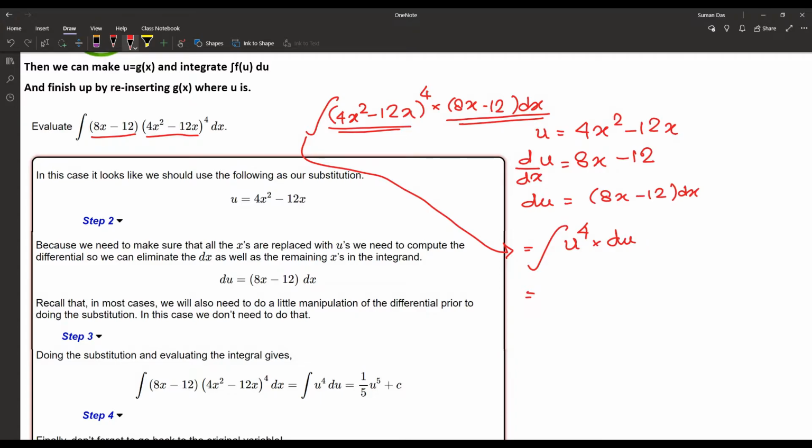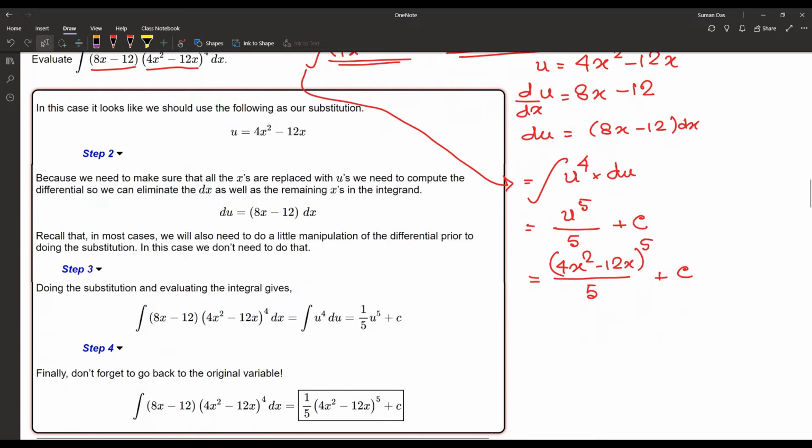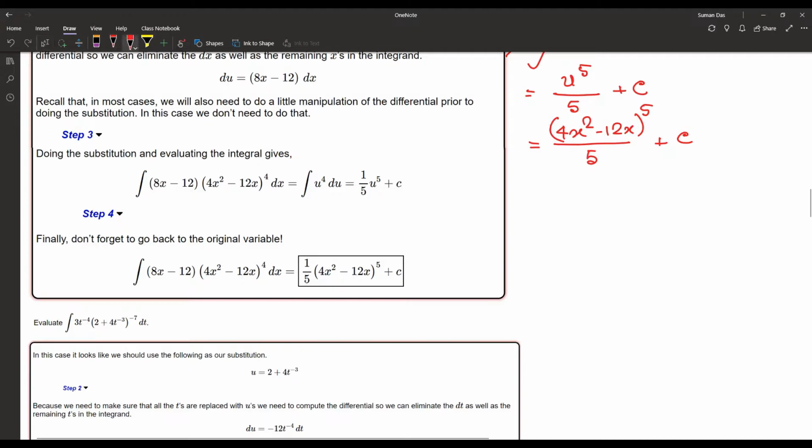So according to the integration formula, we get u to the power 5 divided by 5 plus integration constant, and u is equal to 4x square minus 12x, so it is (4x square minus 12x) whole to the power 5 divided by 5 plus integration constant, and the final answer is here.